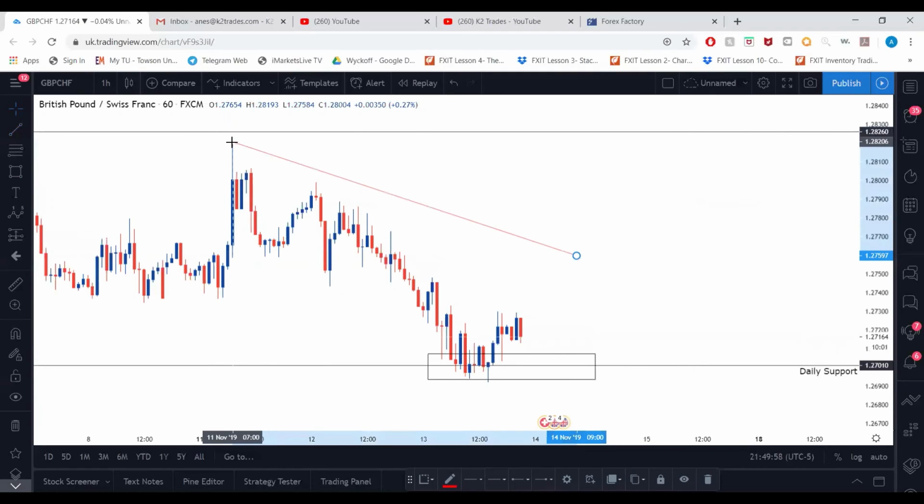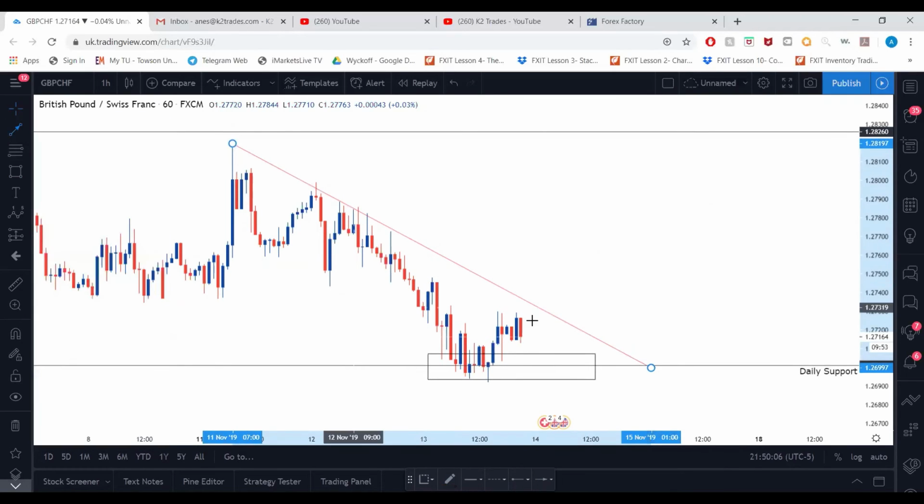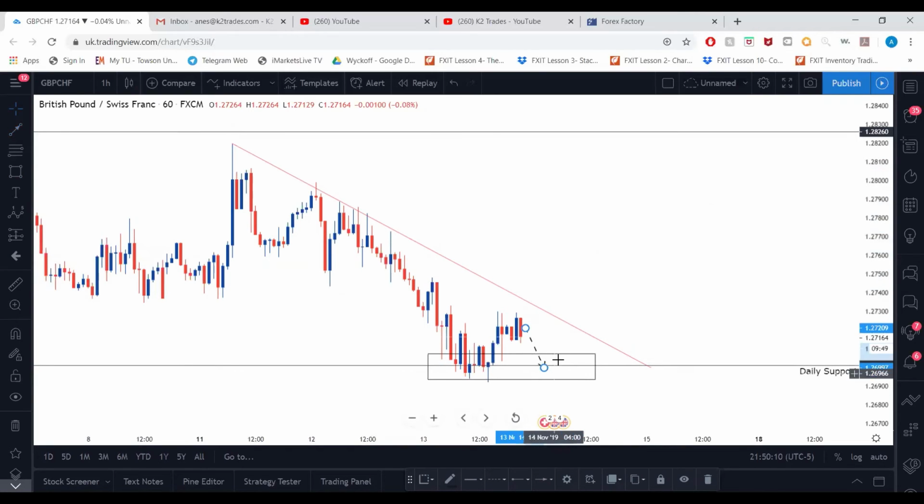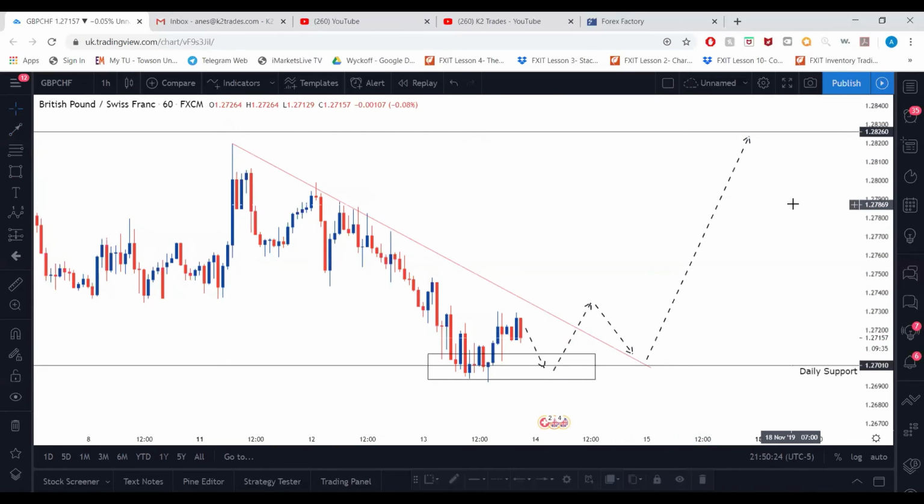You can probably do this trend line here and then wait for this scenario, pull back here. So if you are not confident to buy from this zone, you want to wait for the breakout and retest of this, preferably nearby this support, and then try to ride this back up.